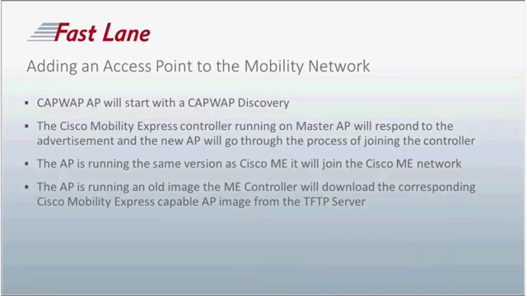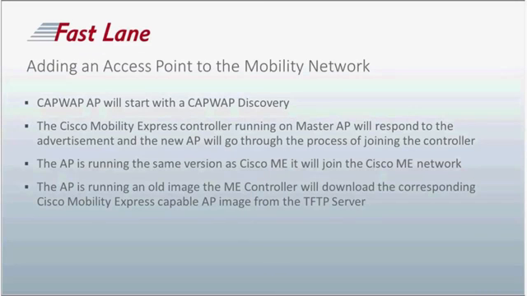So summarizing what I've said, the catwap AP will start with the catwap discovery, does a hunt and discovery for the controller. The master AP will respond to the discovery and then we'll go through the process of joining the controller as a normal LAP CAPWAP AP.